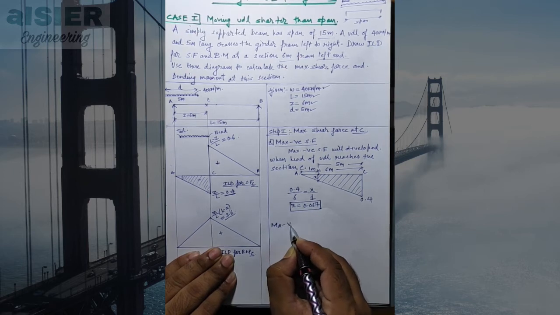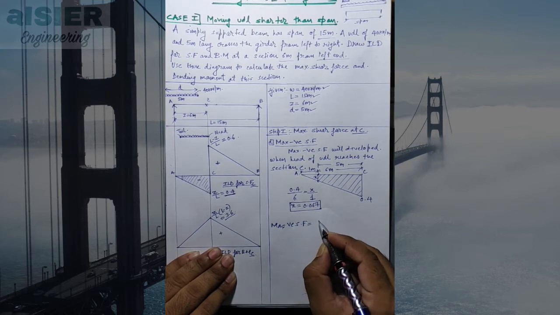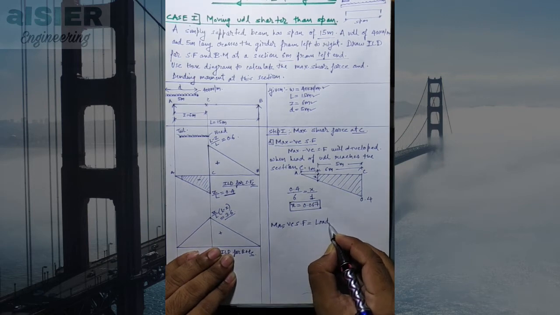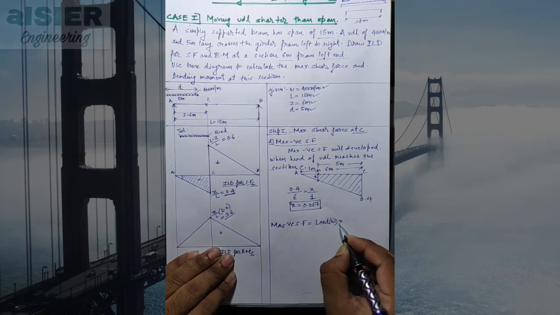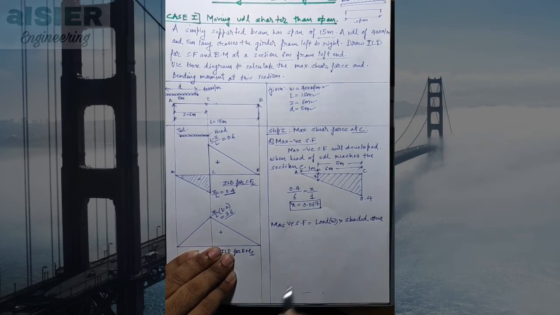Now the maximum negative shear force will be equal to load W into shaded area.